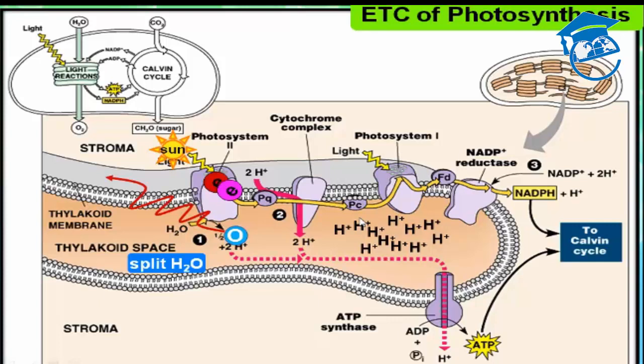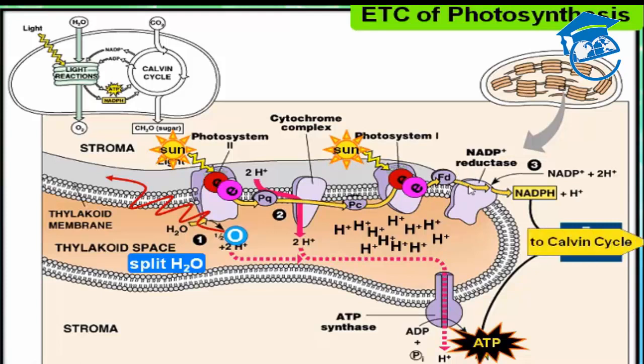Because water is broken down, oxygen is released and accumulation of proton ions takes place, and thus ATP is released, and it goes to the Calvin cycle for the formation of carbohydrate. Then the sun's energy strikes photosystem I. It also releases 2 electrons which go to the ferredoxin, and then NADPH is produced which goes to the Calvin cycle.